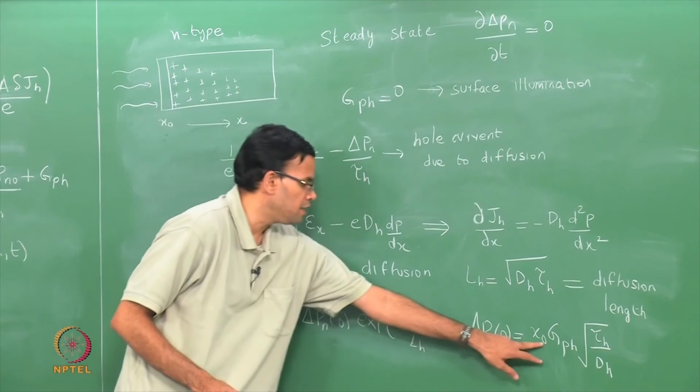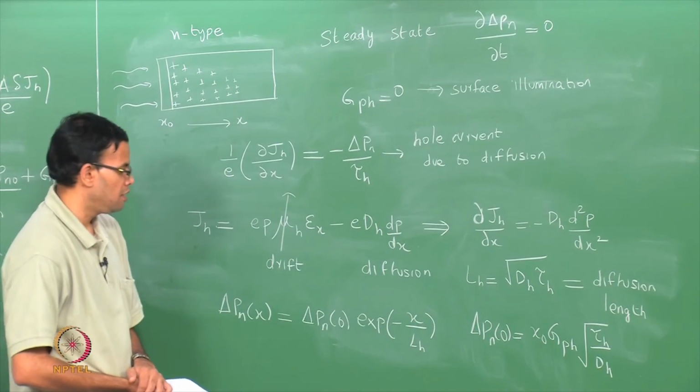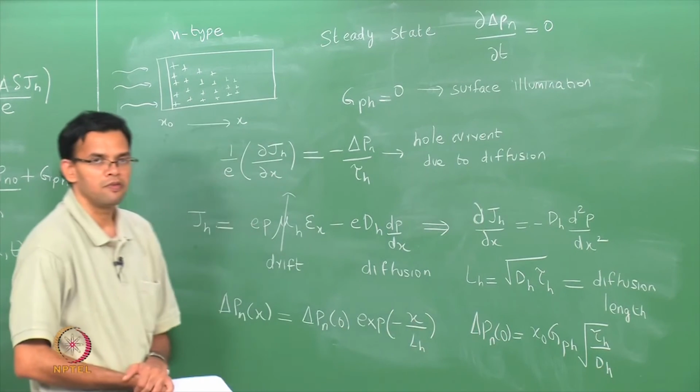So, it is related to how many carriers are generated within the region x naught where your light is absorbed.